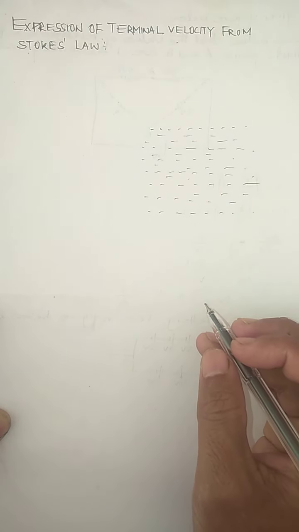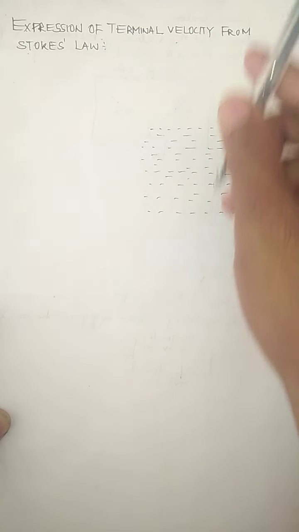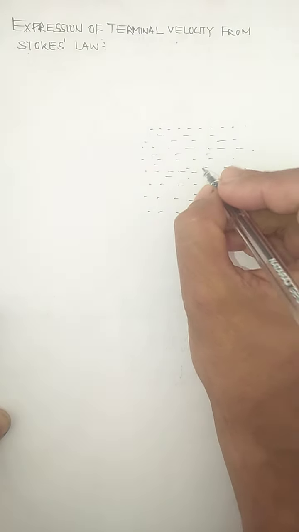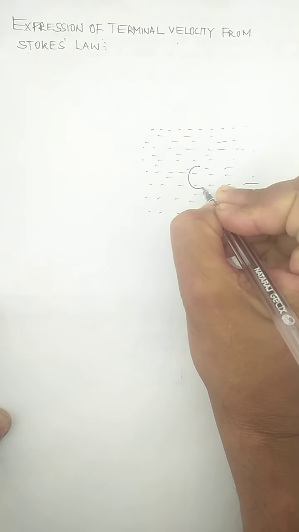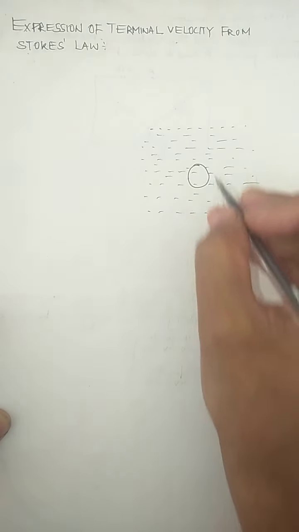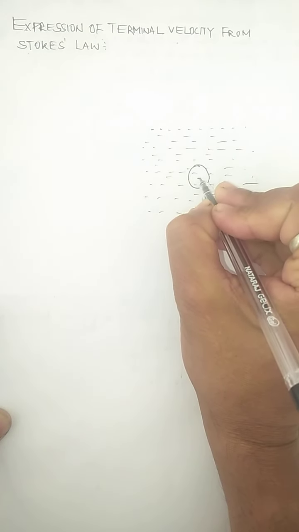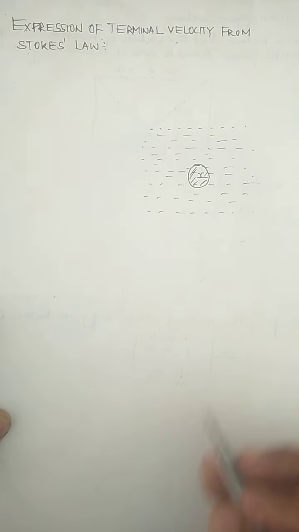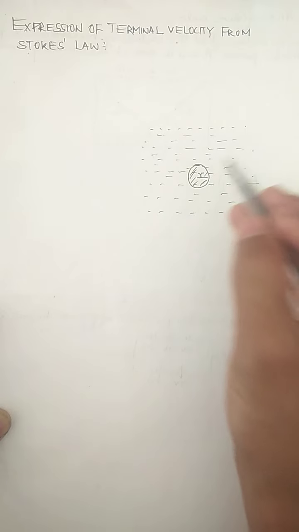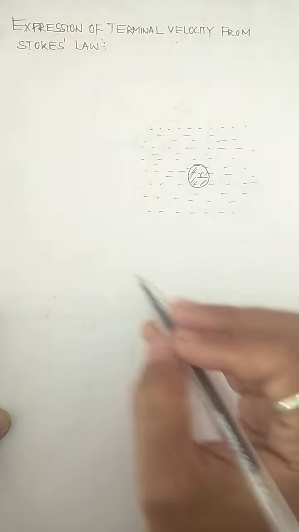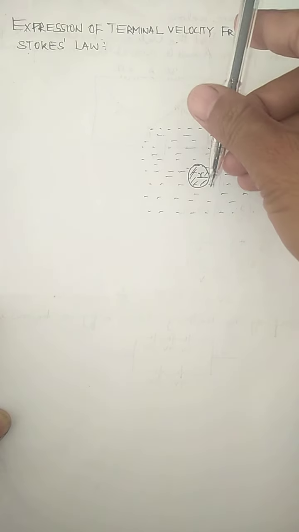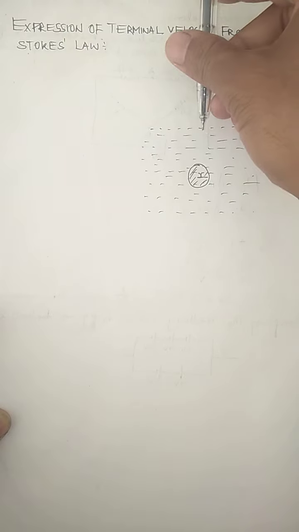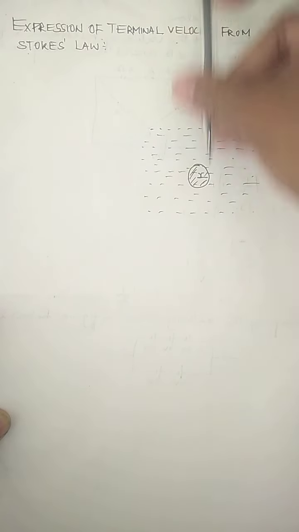When it falls, suppose at some stage it is at this position, and this spherical ball has a radius, as it is spherical in shape. Once it reaches that stage in the liquid, there is a force exerted by the weight of the ball, the force due to gravity, which acts vertically downward.